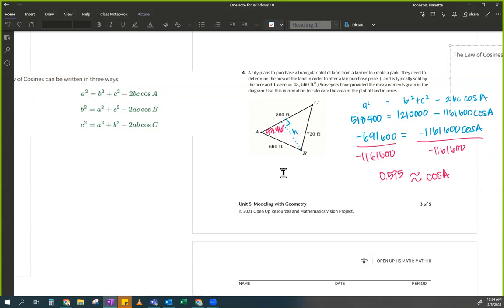I have sine of A over A equals sine of B over B equals sine of C over C. So here I get sine of 53.46 degrees over A, which is 720 feet, equals sine of B over B, which is 880 feet. Right?